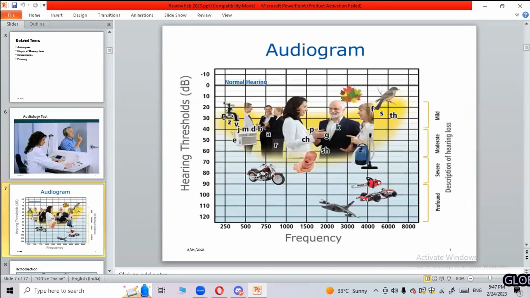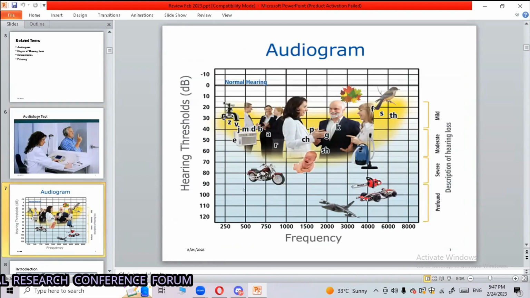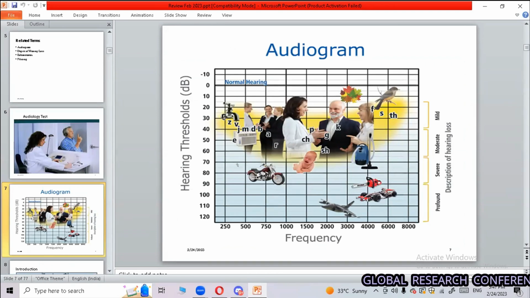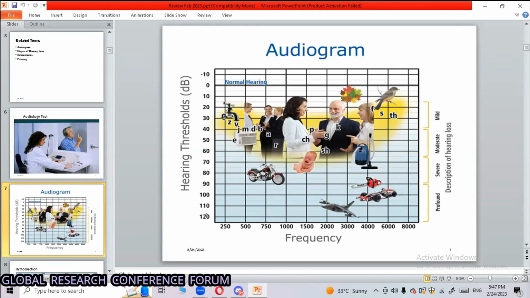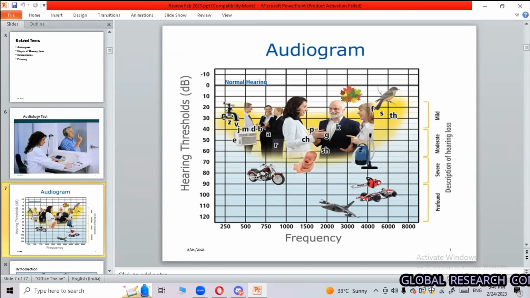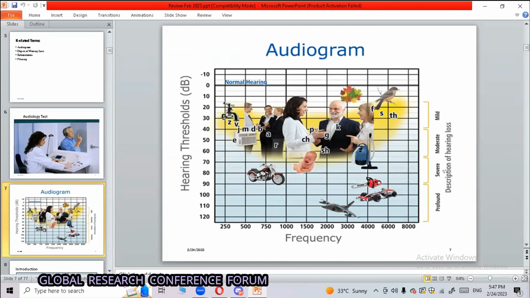So suppose this is an audiogram. In this, on the x-axis we are plotting the frequency, and on the y-axis the hearing ability of that person in decibels. If that ability is lying between 100 to 120, we can say that this is profound hearing loss. If it lies between 60 to 80, we can say that this is a severe hearing loss.